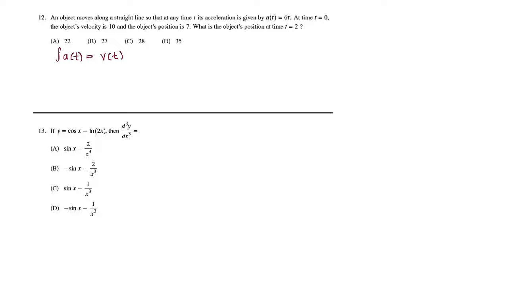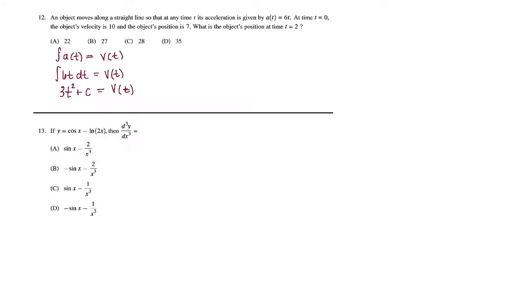So let's go ahead and integrate our acceleration function. Well, our acceleration function is 6 times t, dt. And that's going to give us velocity. And so if we go ahead and do the integral here, we're going to add 1 to our exponent. So I get 2. So that's going to be 3t squared plus c, because we are doing our indefinite integration.